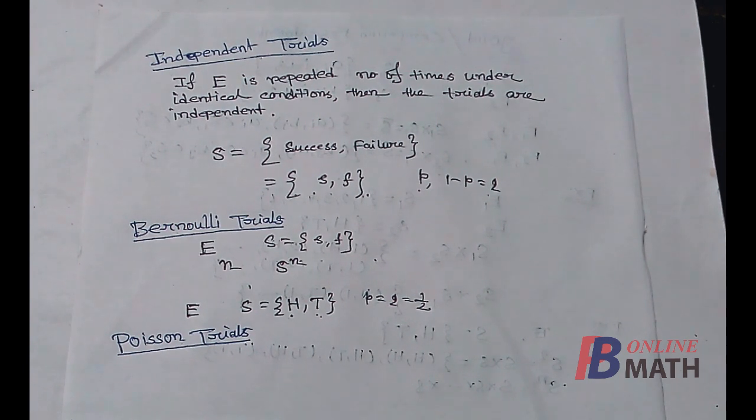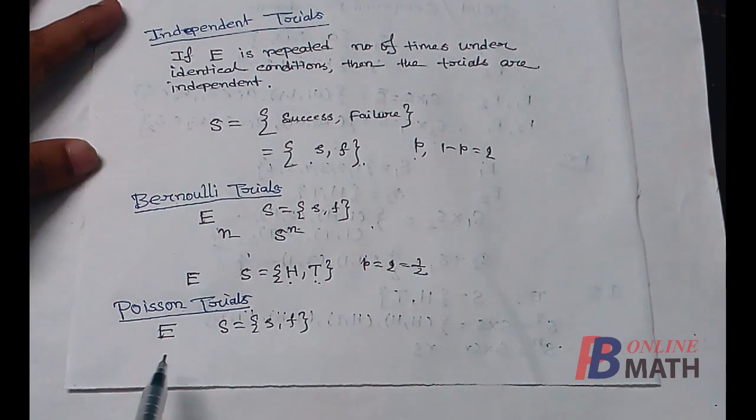Now one obvious question is that what will happen if the probability of success does not remain constant for all the experiments? If the probability of success varies, then the trials are called Poisson trials. So in Poisson trials, the probability of success may vary. So let E be the random experiment which has only two outcomes, success and failure.